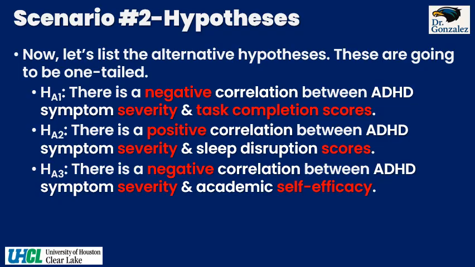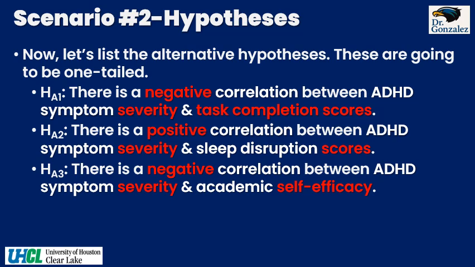The next one says there is a positive correlation between ADHD symptom severity and sleep disruption scores. So positive means as one increases, the other increases. That to me makes sense if these are comorbid issues. My scores on my ADHD symptom severity are going to be increasing, and my sleep disruption is also going to be increasing.